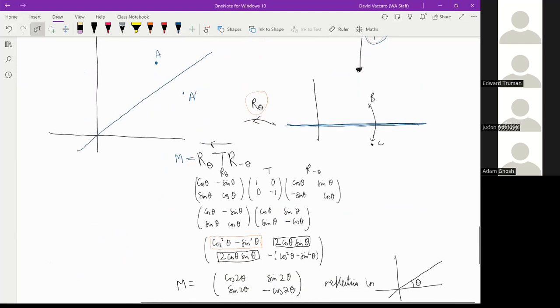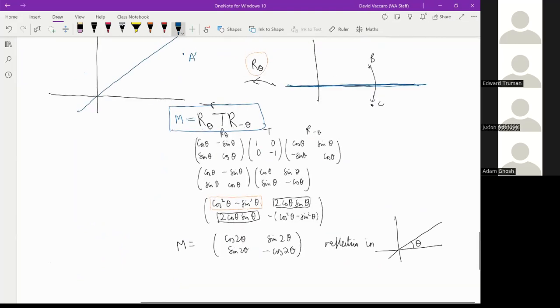So overall, my matrix is R theta T R negative theta. Okay, and this idea is called conjugation.